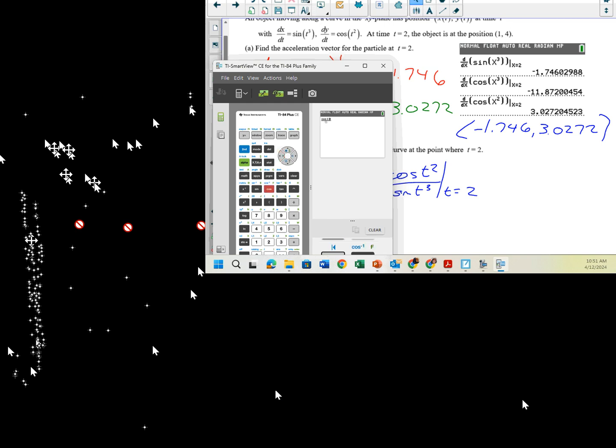Cosine of 2 squared over sine, oh, I totally did that wrong, of 2 cubed. Let me fix this because that's not where my square goes.